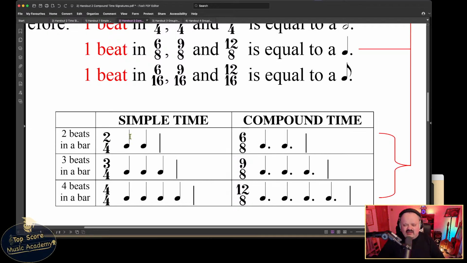This is the only way you could actually write the time signature, because if the bottom number 4 means crotchet, a dotted crotchet is worth the same as a crotchet plus a half. But you would never write this as 2 4.5s per bar.